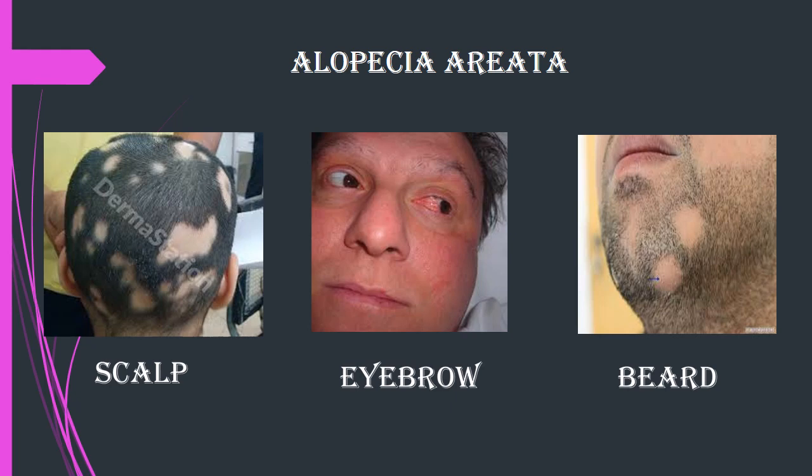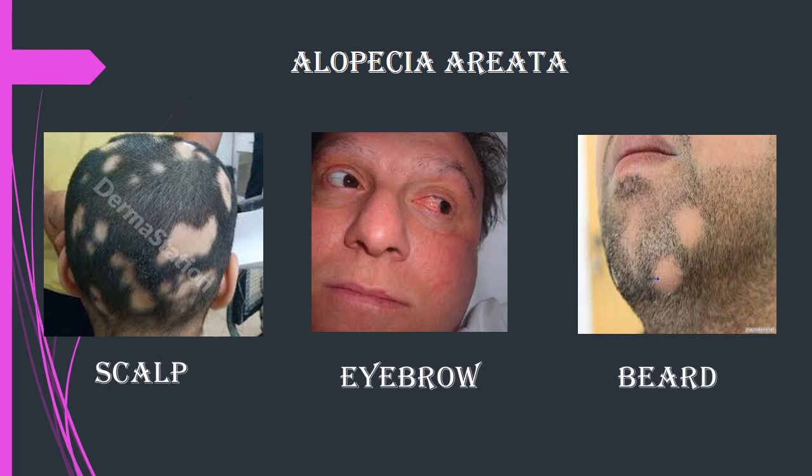Now we will discuss alopecia areata. This is a non-scarring alopecia which occurs in both sexes, in all races, and is usually seen in young adults or children. It occurs in association with other autoimmune diseases, thyrotoxicosis, Addison disease, pernicious anemia and vitiligo, and also in Down syndrome.